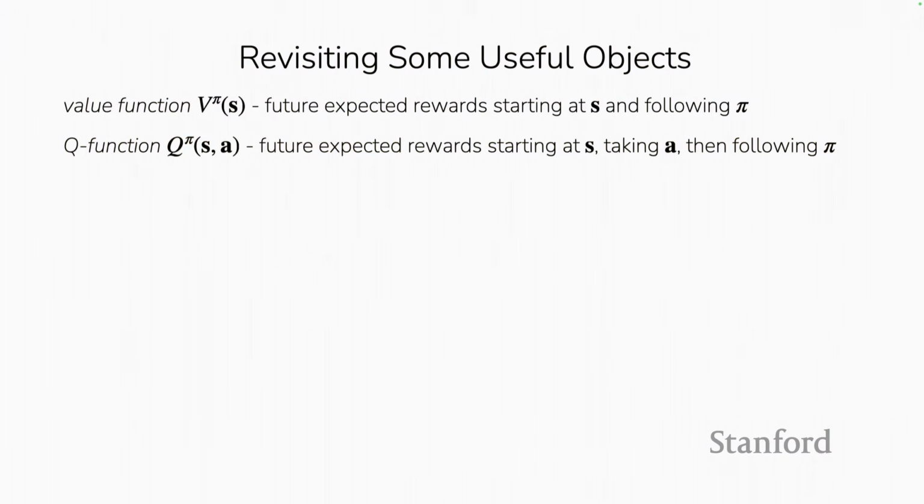We also have this other useful object called a Q function, where the distinction between a value function and a Q function is that now you additionally condition on an action and look at what the expected future reward looks like when you follow your policy.